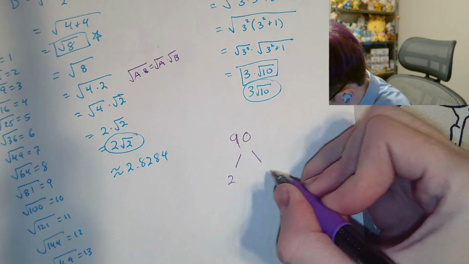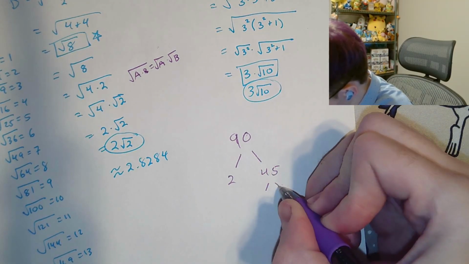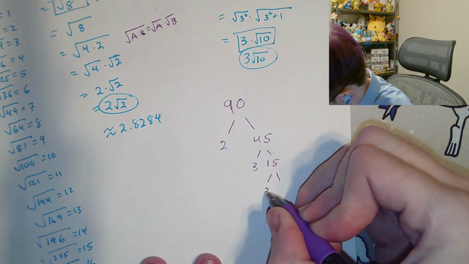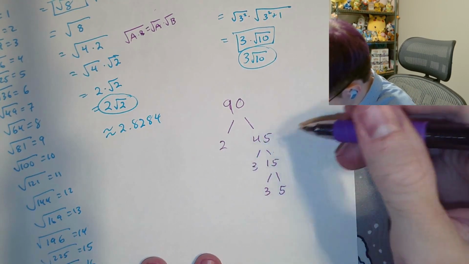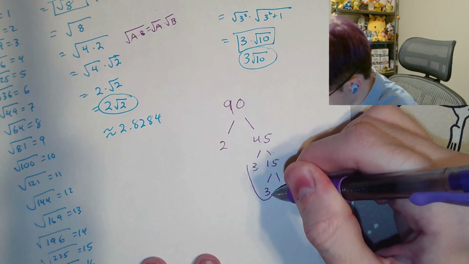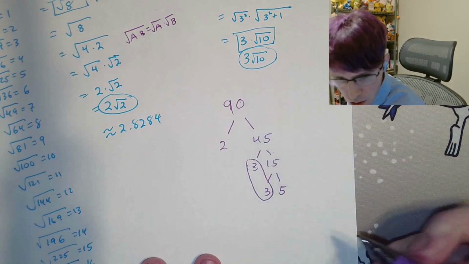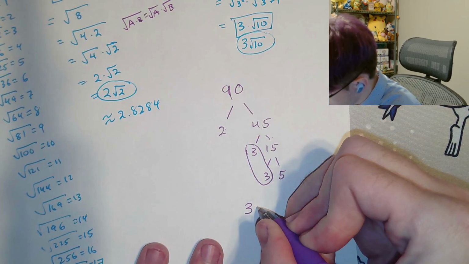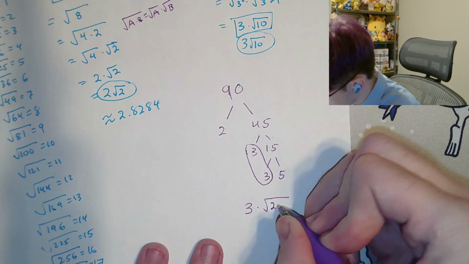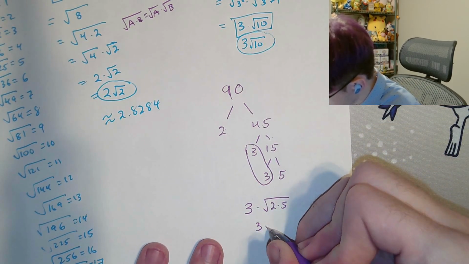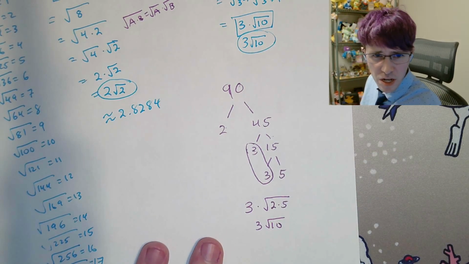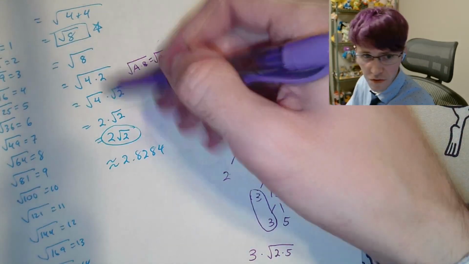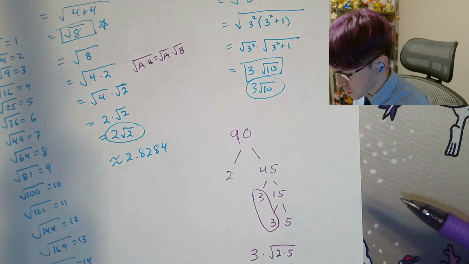So you probably would have done 2 and 45, and then maybe 3 and 15, and then 3 and 5, and you're supposed to circle the pairs, and the pairs come on the outside as a single, and on the inside we get times the square root of 2 times 5, and you get 3 rad 10. You might remember doing it that way. This just takes even longer than this or this, and really, just start getting good at it.